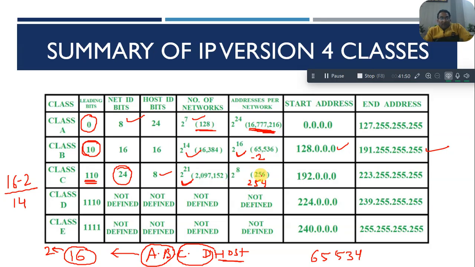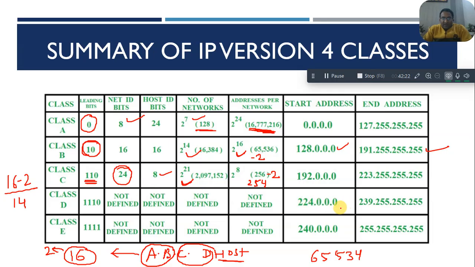Again, 2 to the power 8 is 256, and we subtract 2. Why? Of the 2 addresses, one is used for identifying the network, and the last address is used for broadcasting in the particular network. That's why the total number of hosts is 254. The address range is 192.0.0.0 to 223.255.255.255.